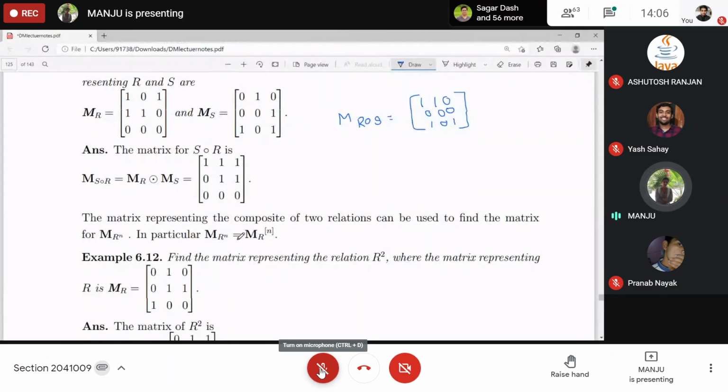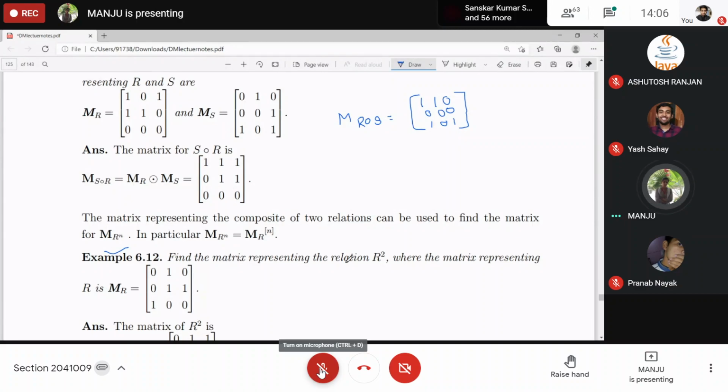Corresponding to R raised to power n, this will be n times the Boolean product of the matrix. Now come to 6.12. Find the matrix representing the relation R squared, where the matrix representing R is given as this one.